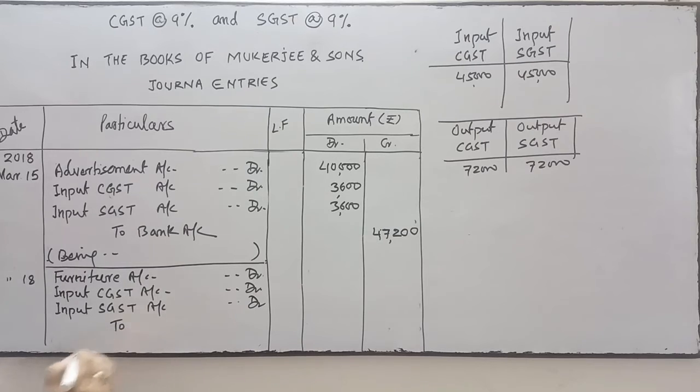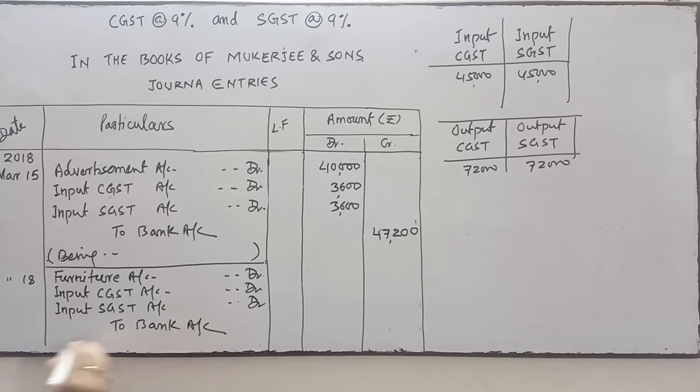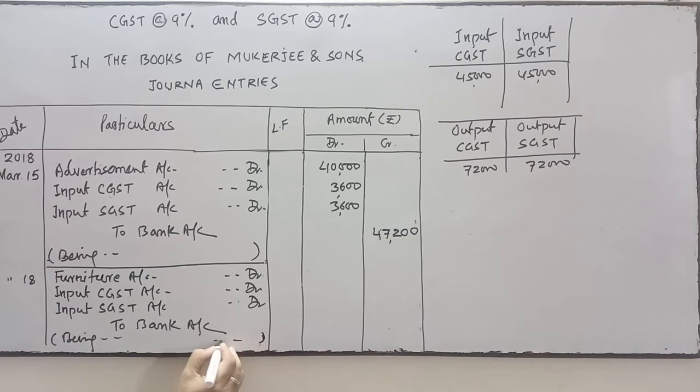And the payment is done by check, so bank account will be credited. Narration will be very simple. You write the narration over here: being furniture purchased for office use and payment made by check including CGST and SGST at the rate of 9%.